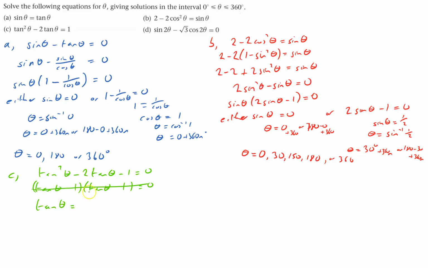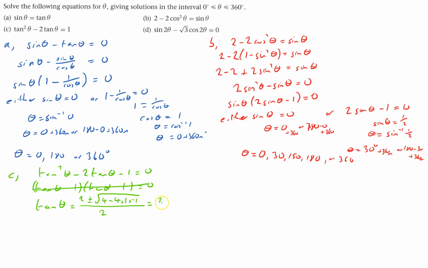So because it's basically a quadratic in tan theta now, I could put down let y equals tan theta, y squared equals tan squared, but I can go straight in here. So tan theta equals minus b, so that's 2, plus or minus the square root of b squared, that's negative 2 squared, which is 4, minus 4 times a, which is 1, times c, which is negative 1, all over 2a, which is 2.